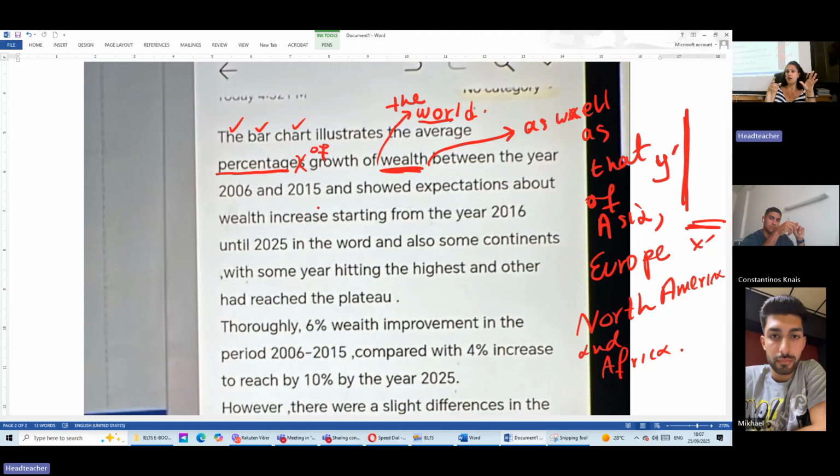The reader wants to see the general picture as well as what happens to the different parts of the world. So it's important to say, yes, we've got the big picture when it comes to the world wealth, but we've got another analysis for the different continents.